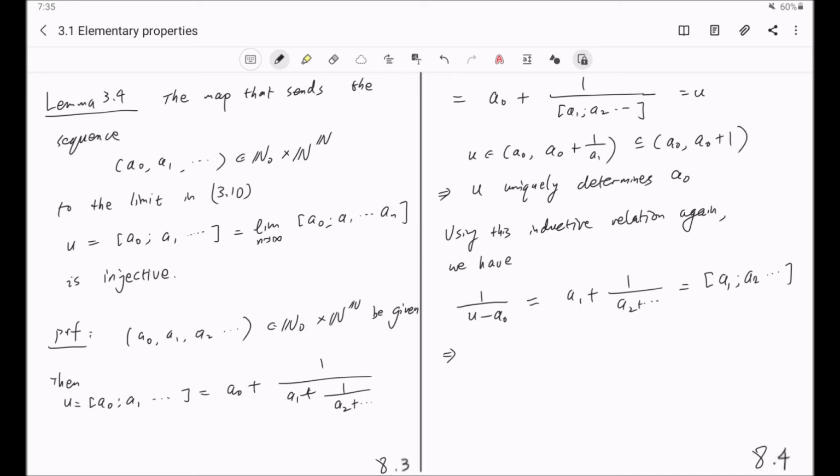Specifically, 1 over u minus a0 lives in the interval from a1 to a1 plus 1. So u uniquely determines a1.